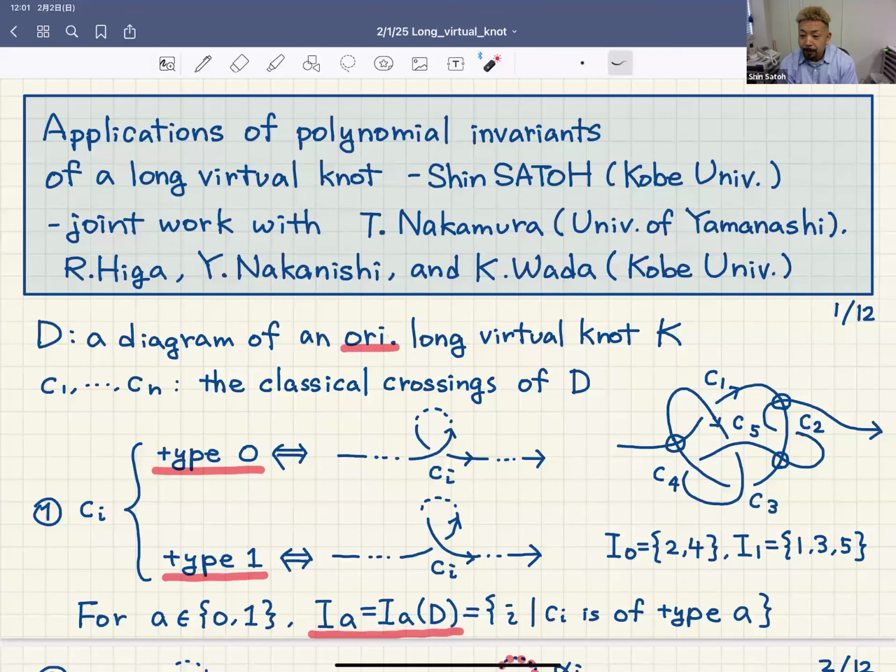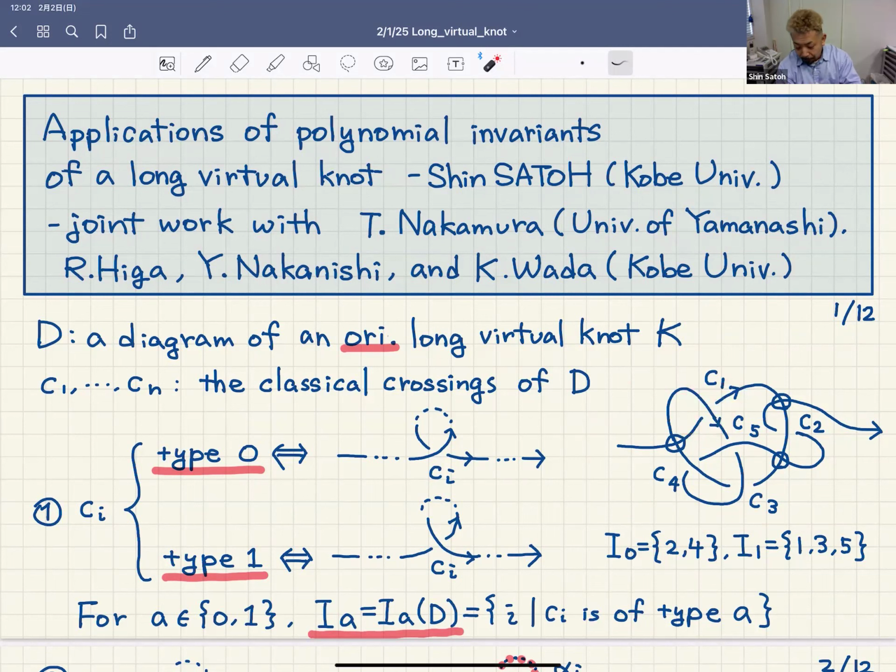For example, we consider this diagram of a long virtual knot, which has 5 classical crossings, C1 to C5. At the crossing C1, we go under C1 first, and then over C1 second.